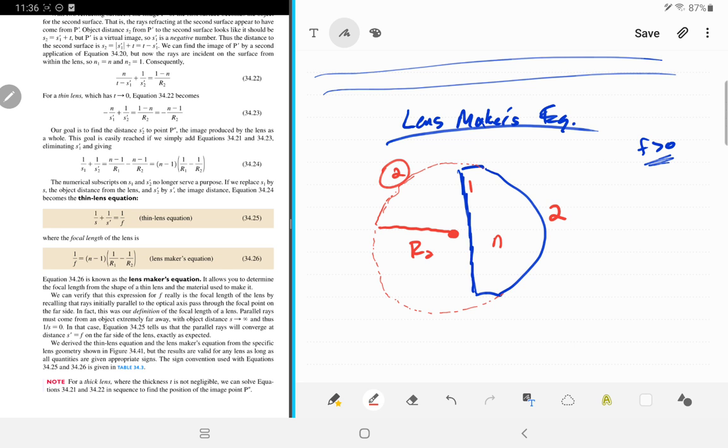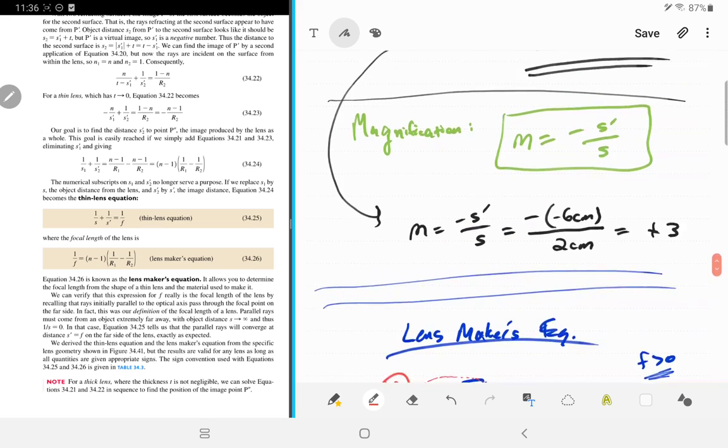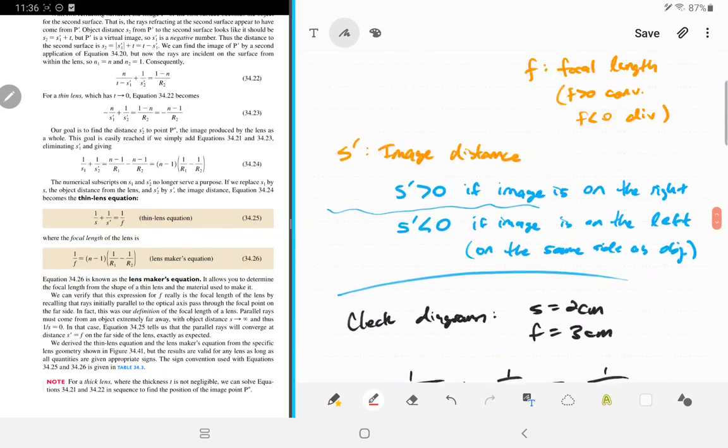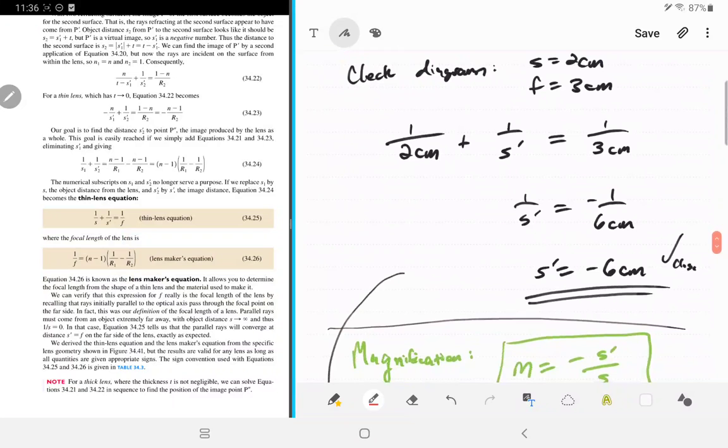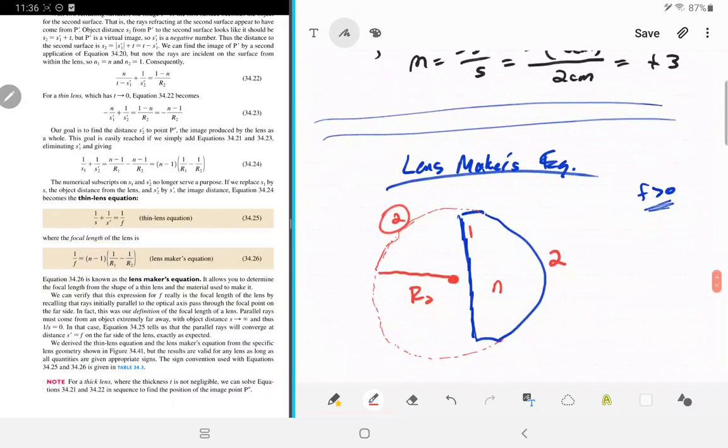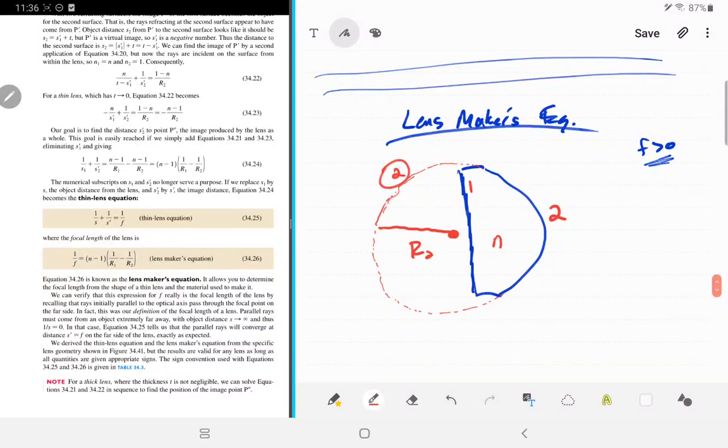The sign convention is the same sign convention that we used for S prime. On the left, it's negative, and on the right, it's positive. So see how the second surface has its center on the left-hand side. So that's on the negative side. So R2 is negative for this example because it's on the left.